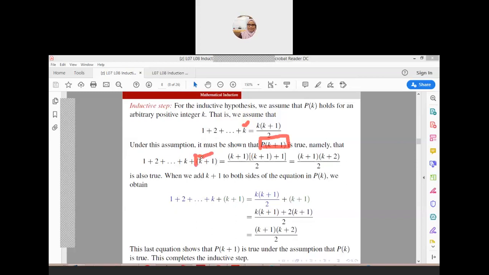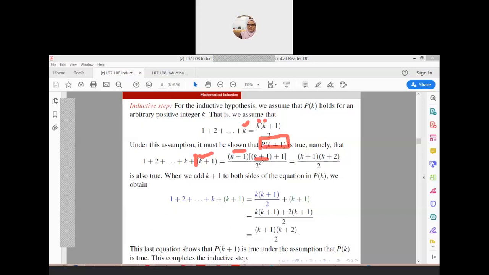If we add k plus 1 here, we have to add it also here. Every time we see k, we put k plus 1. And k here also we put k plus 1. And then plus 1, just rewrite it again, divided by 2.